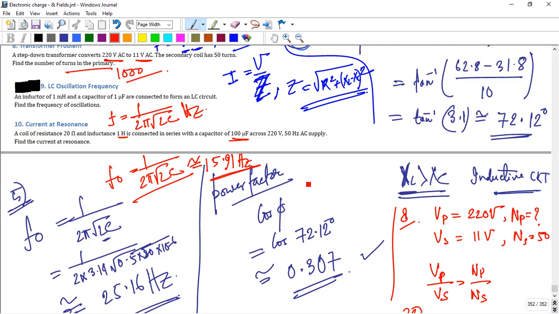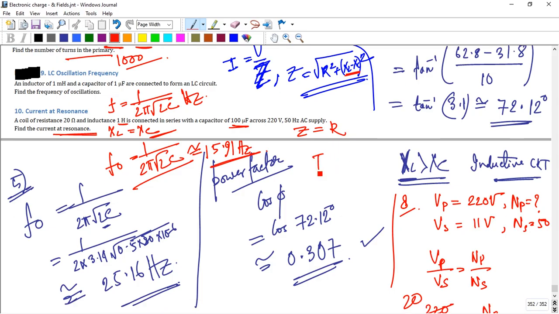So at resonance, keep in mind, in a series AC circuit, XL is equal to XC, that's the condition for resonance. And when XL equal to XC, Z equal to R here, so that fourth term is 0 and the R square and root, these two are cancelled, we get Z equal to R. So current I is equal to V by R or Z here.